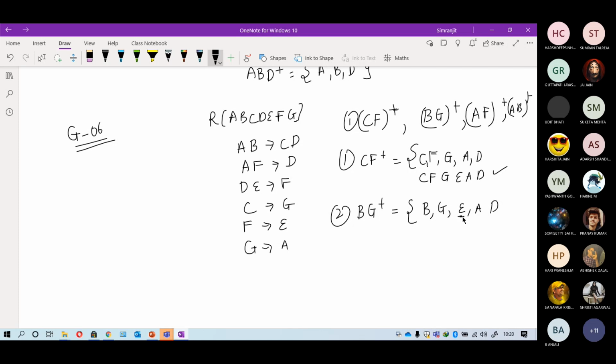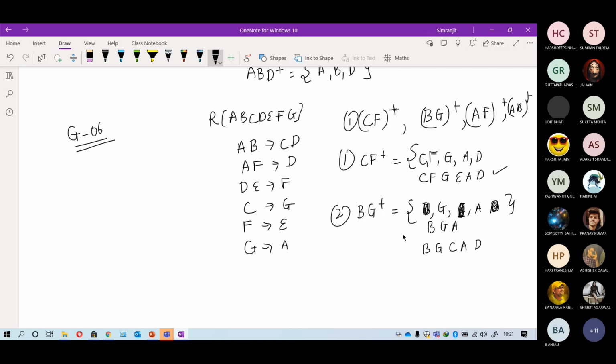I think it will only be BGA. BG E is not there. So BGAD. Not even D. So only BGA. Okay, let me check. Any other get a different answer? Let me know. Sir, BGCAD.